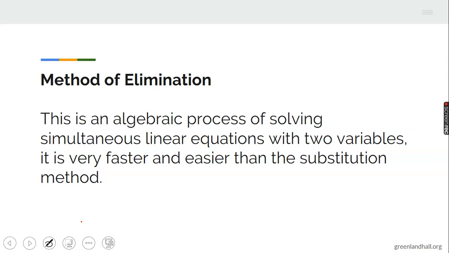Now, they said this is an algebraic process of solving. Mind you, take note. Algebraic. I think someone is out there wondering what the meaning of algebraic is. Algebraic means the use of letters. We use letters to represent unknowns. Okay, let me give you an example. Say, I think of a number.